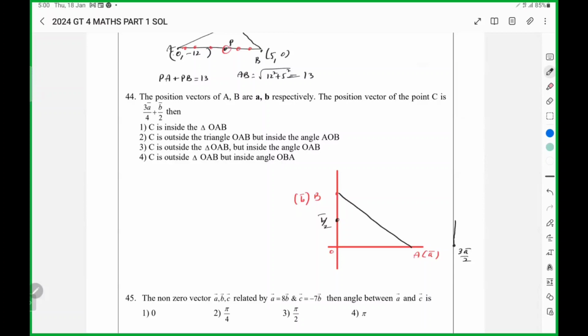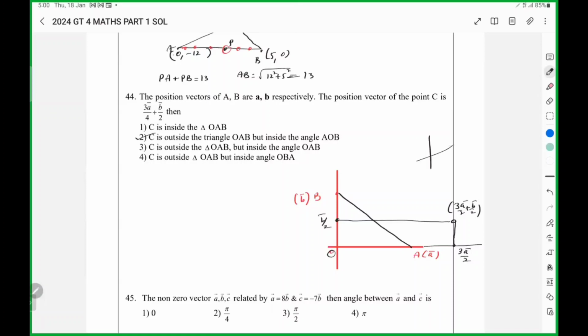If I consider this point location, definitely outside, which region means outside triangle and angle AOB region.